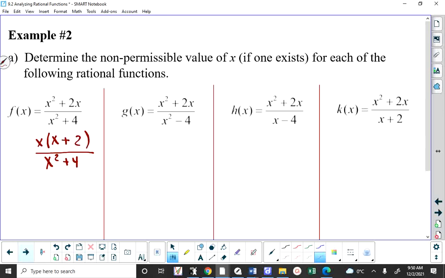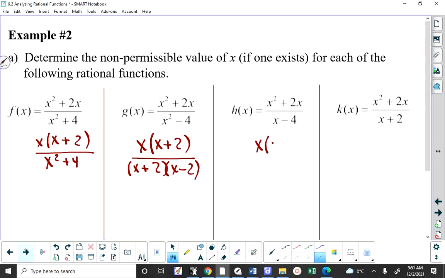The numerator factors into x and x plus 2. The denominator does not factor in f of x. G of x factors into, pardon me, x times x plus 2 over x plus 2, x minus 2, because the bottom is a difference of squares.